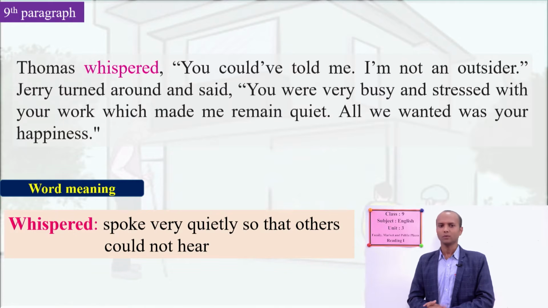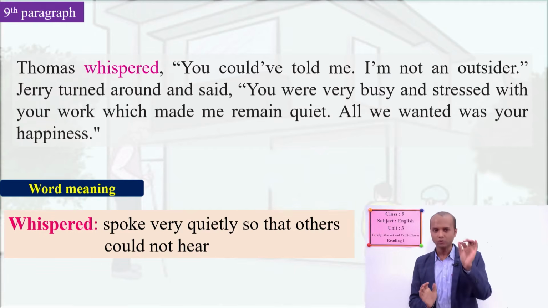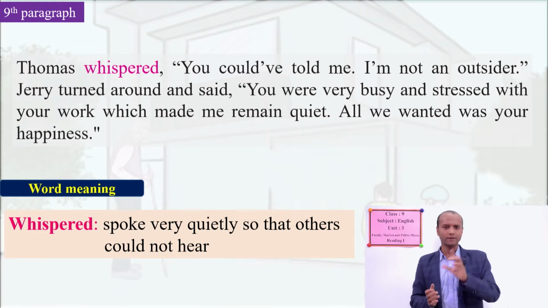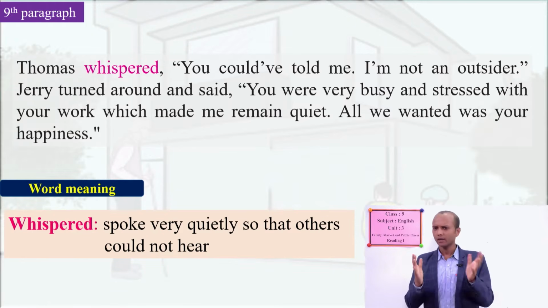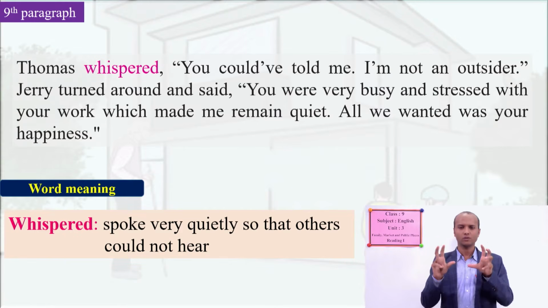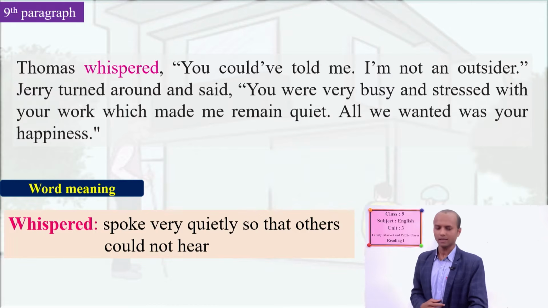All we wanted was your happiness." Here, the father responded to Thomas' question, "Why didn't you ask me?" The father replied that, "You were quite busy with your work, and I didn't want to encroach on your busy schedule. That's why I remained silent at the time."